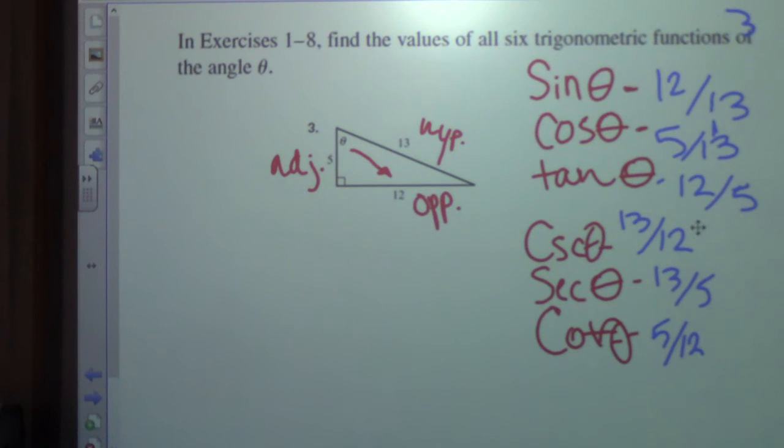I know what she meant, but what it is, is it the one over sine theta? It's not minus, it's equals, right? Equals. I know what she meant, but what I want you to do in situations like this is write it another way: sine theta equals 12/13ths.